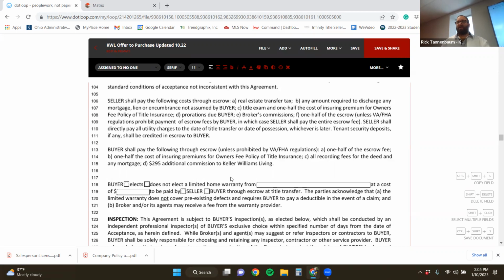In Ohio, the cost of that insurance is mandated by the state. So it doesn't matter if you're using Ohio Real Title, Infinity Title, or American Title Solutions, whoever you're using, that fee is going to be the same. It's a tiered premium coverage, so it depends on the purchase price.